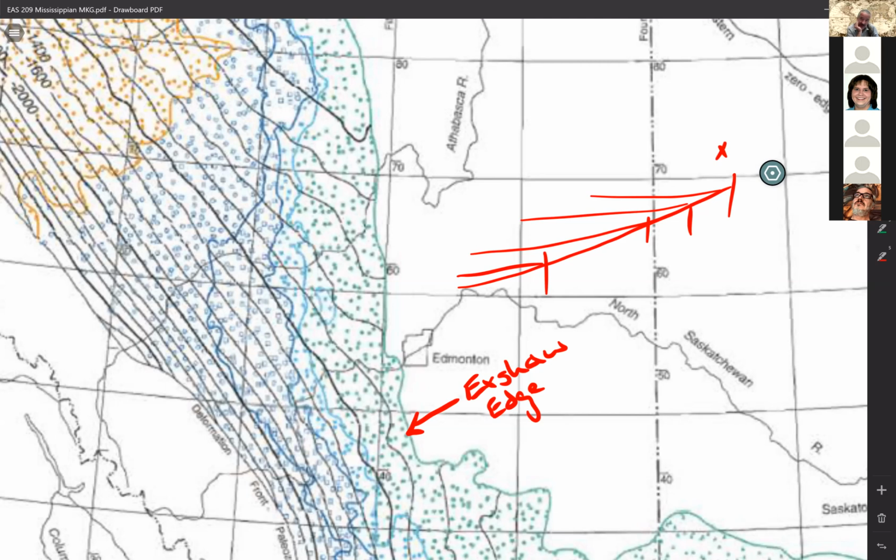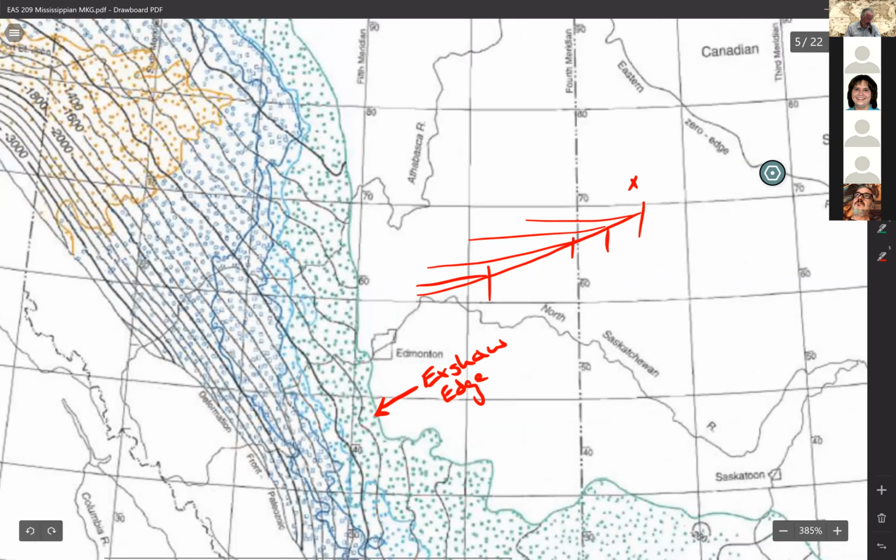So everything that's underneath McMurray is all Devonian. It's kind of interesting. So that's the significance of the angular unconformities in the Western Canadian Sedimentary Basin. They limit the distributions of these strata. So an explorationist isn't going to look for Mississippian strata east of Edmonton, for example.